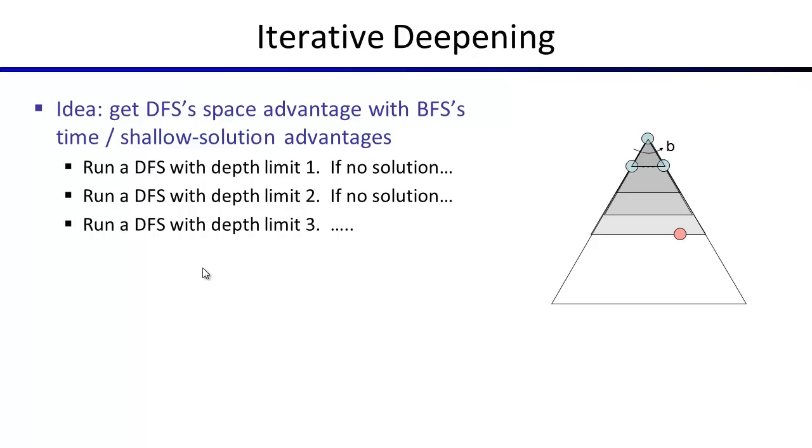So what's nice about this? You find the shallowest solution just like breadth-first search would do. What's also nice about this is that you don't have the memory complexity of breadth-first search.